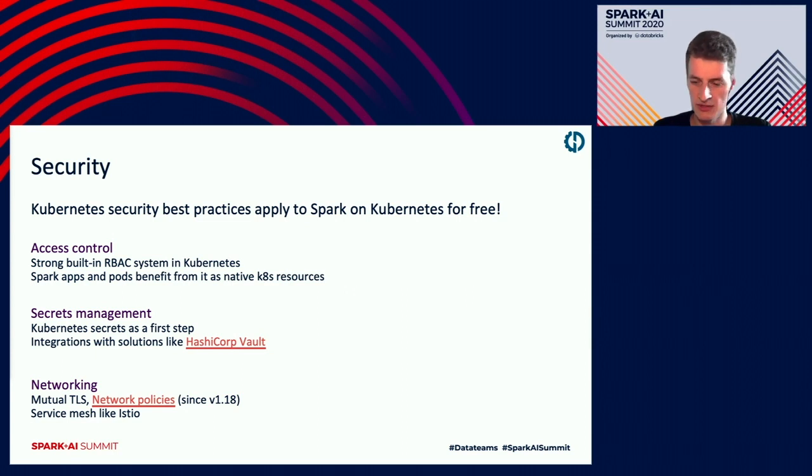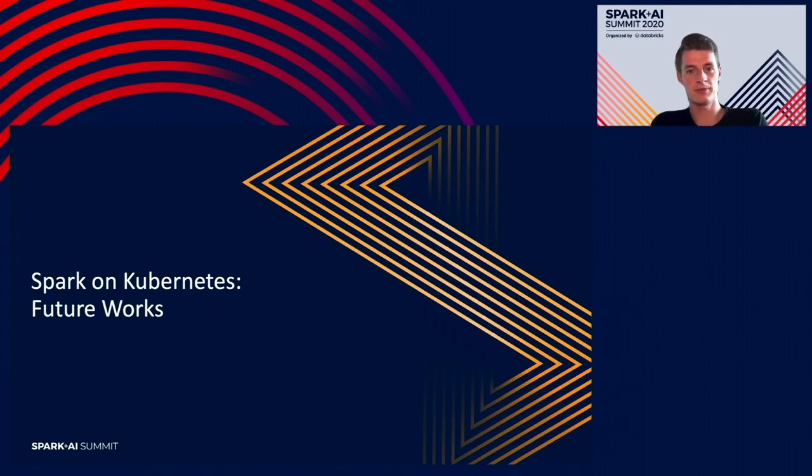So in a nutshell, Spark really benefits from all the latest DevSecOps advancements for free, just by running Kubernetes. I'll now pass it back over to JY, who will talk about the ongoing work on Spark on Kubernetes.